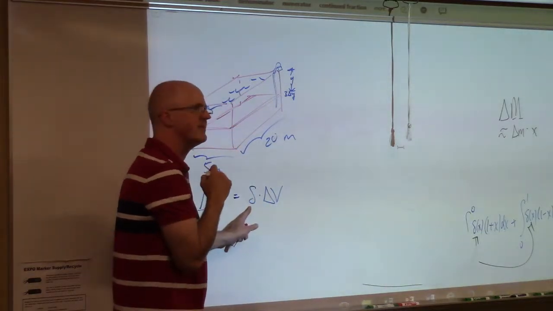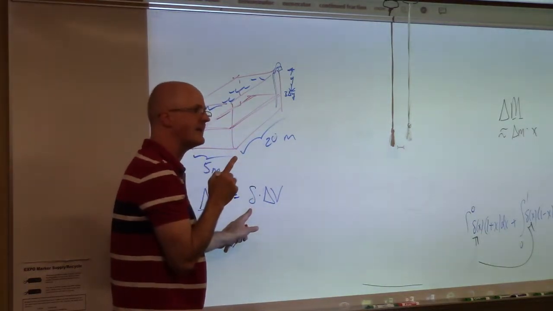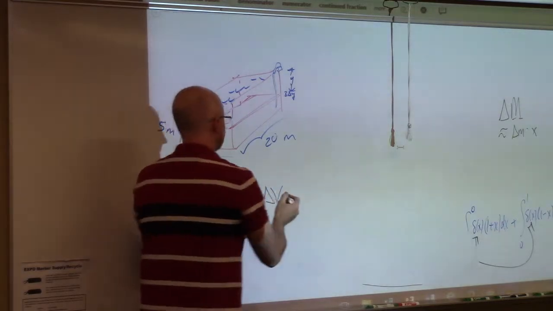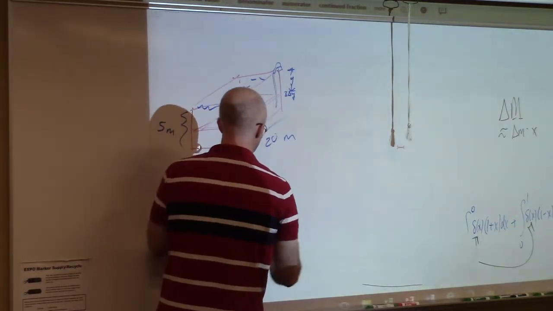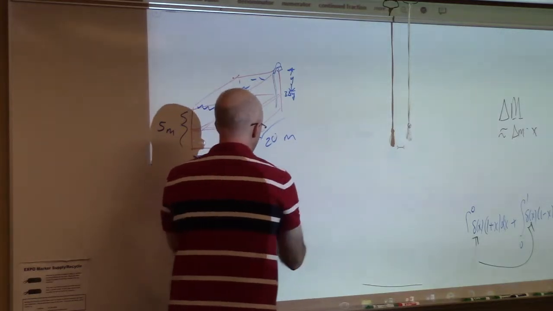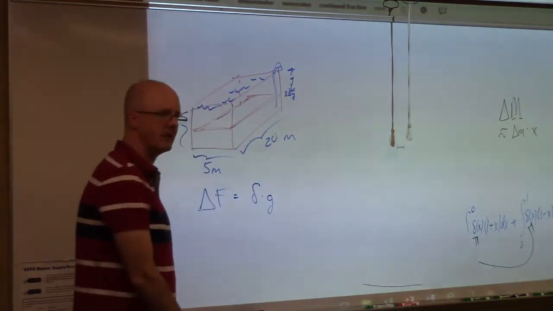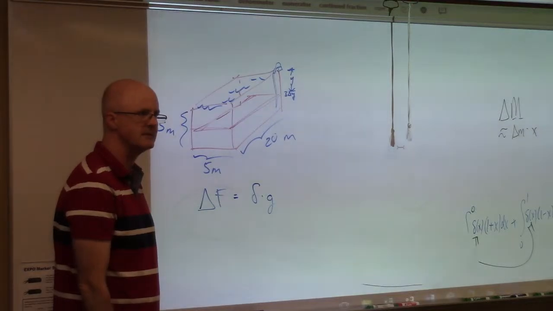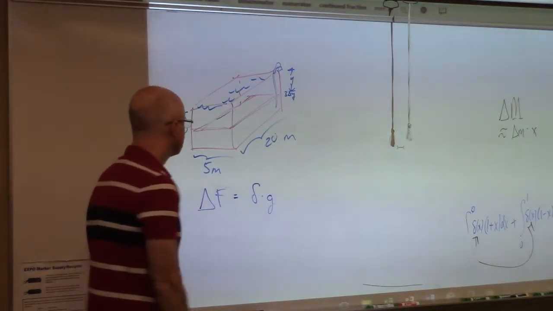This density is a force density, a weight density, but it's not typically. Okay, so that's a delta, not an integral symbol. You've got to put g in there, the acceleration due to gravity, to make it a force instead of a mass.